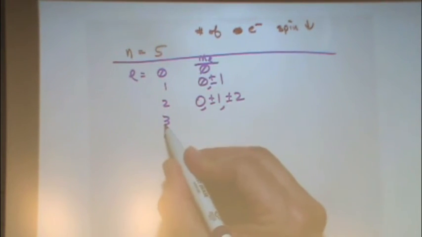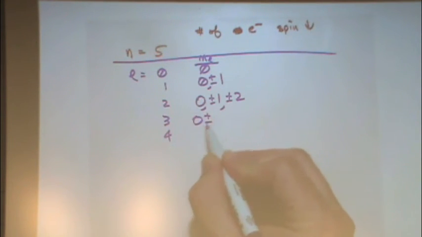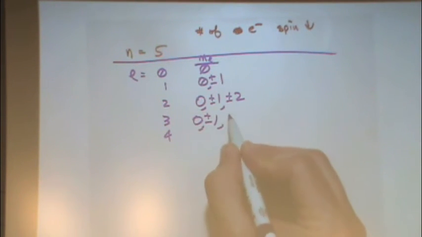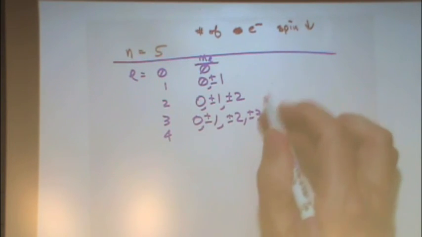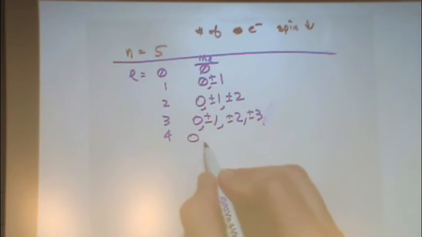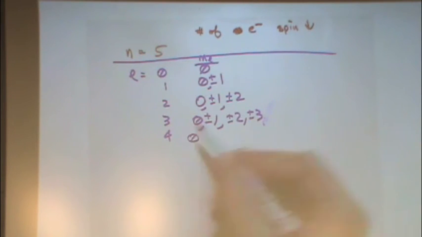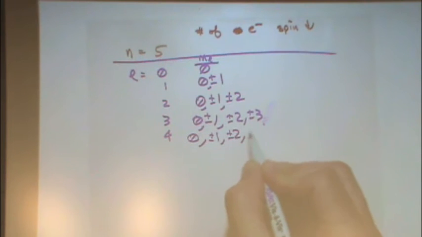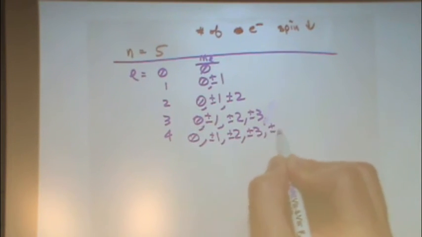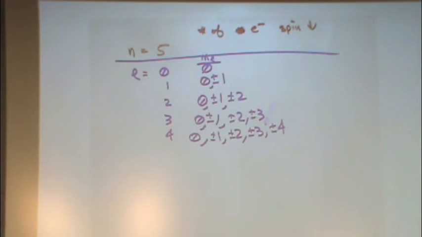If L is 3, then it's 0 plus or minus 1 plus or minus 2 plus or minus 3, then that's it. If it's 4, then M sub L is 0 plus or minus 1 plus or minus 2 plus or minus 3 and plus or minus 4. So the L bounds the M sub L from plus or minus L.